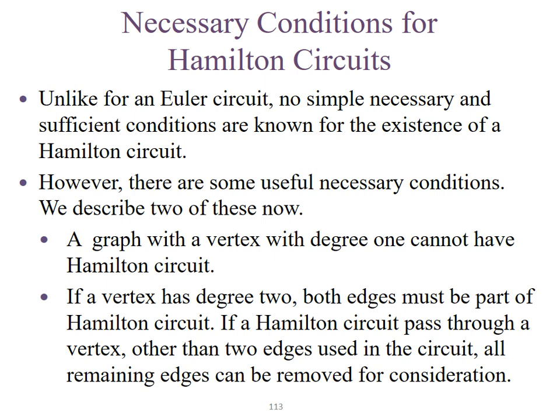Once you use these two edges, you will have visited this vertex once. So once vertex A is visited using 2 edges, the other edges attached to vertex A can no longer be used in the Hamilton path or circuit.